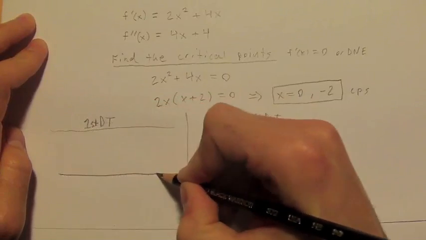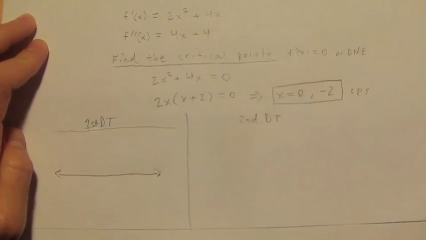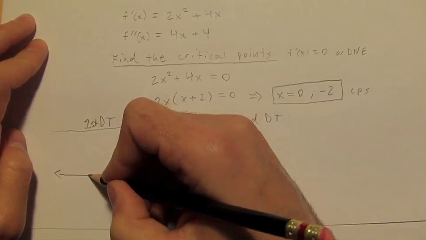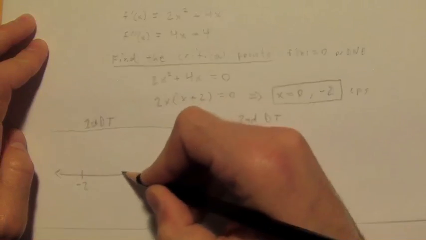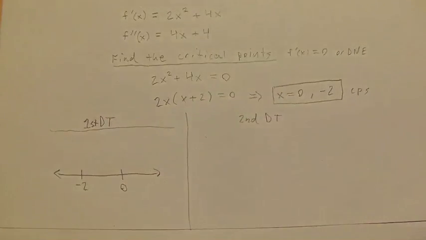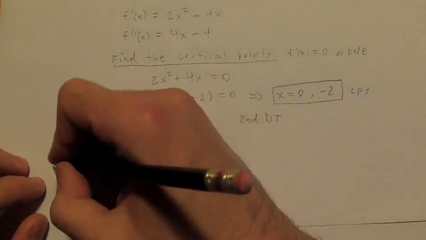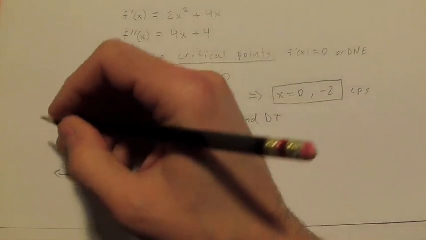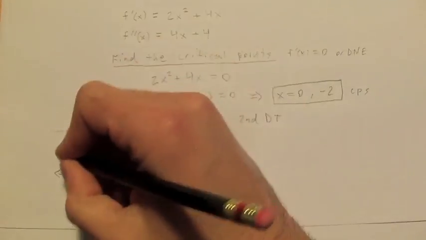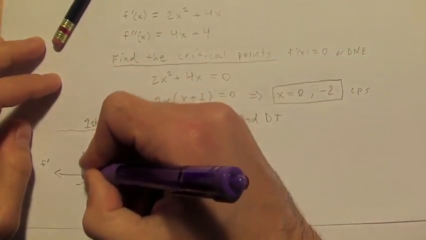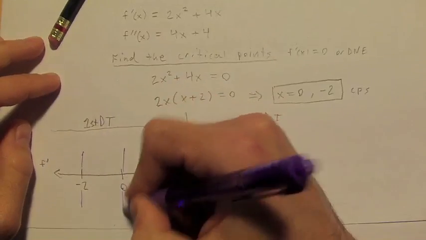So here's the first derivative test over here. That's where we use our number line. So I have -2, I have 0. And I'm going to start checking f prime here and seeing what I get. So we basically split our interval into 3 pieces.